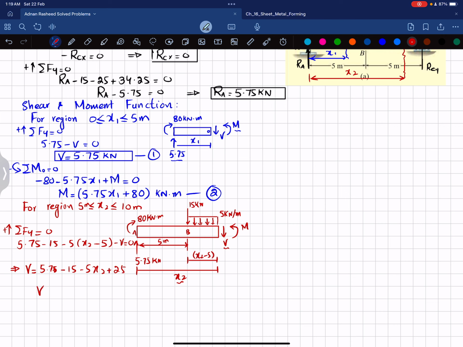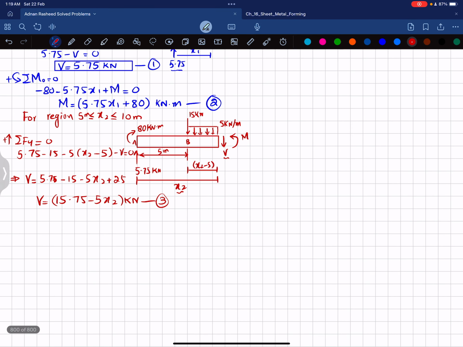So V will be equal to 15.75 minus 5x2 and the unit will be kilonewton. Let this be your equation number 3. Now we will find the moment, this moment M, by using another equation, that sum of all moments about point 1 is equal to 0 and taking the counterclockwise moment as positive.